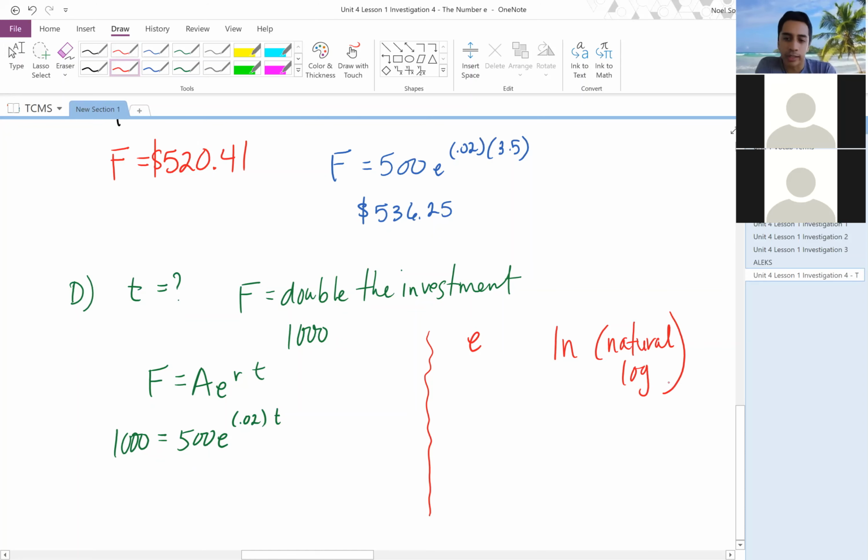Now, I don't know why they put ln when it's natural log, right? It seems like it should be nl, not ln. But the idea here is that e and ln are inverses of each other.